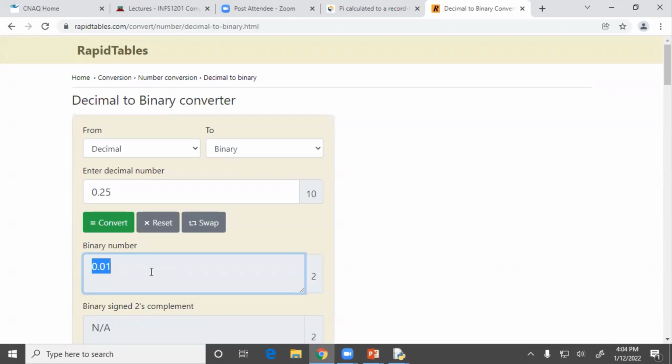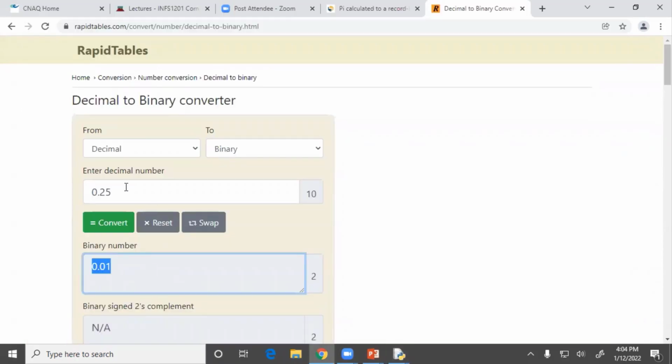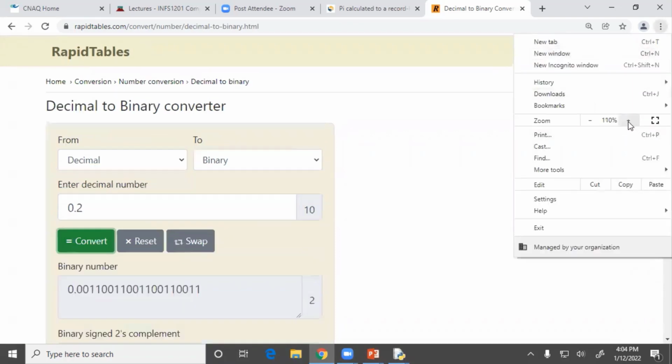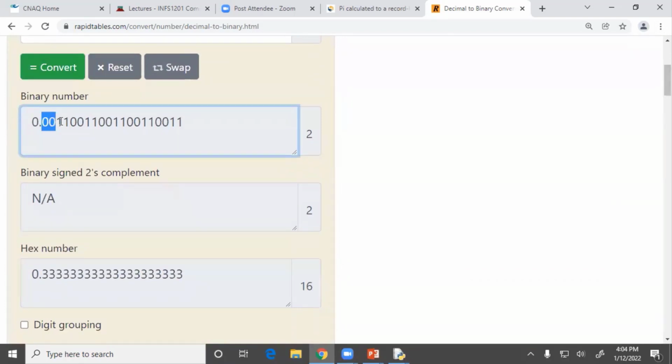I'm sure of this. The second answer, if you remember, as all of you guys said, and you were right, actually, it should be 0.2. Let's go now and write here 0.2, and let's convert it and see what the answer is going to be. I want you to look at this answer and see the pattern. What do I have? I have 0, 0, 1, 1.